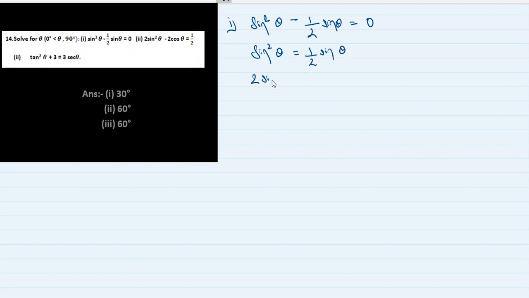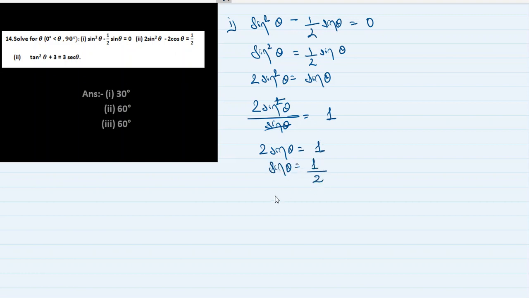So we have 2 sine square theta is equal to sine theta. So what we can do is bring sine theta to this side and write it as 2 sine square theta upon sine theta is equal to 1. So sine theta and sine square theta will get cut. So 2 sine theta is equal to 1. So sine theta is equal to 1 by 2. So sine theta is equal to sine 30 degree, right? And theta is equal to 30 degree.